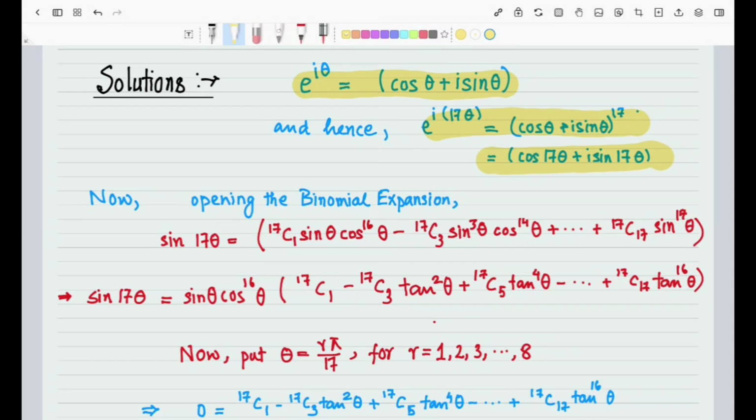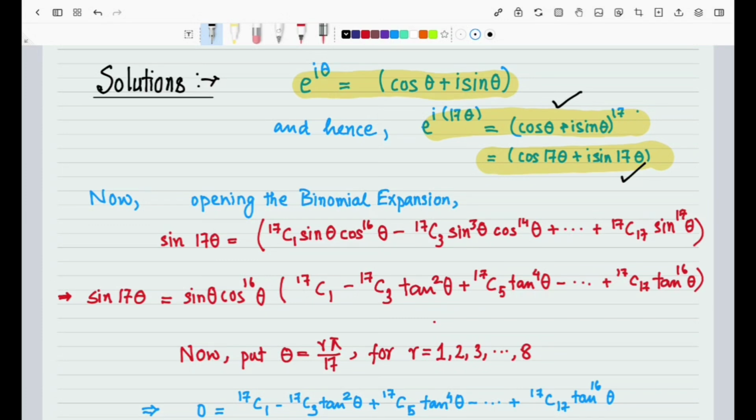Now I have opened up this binomial and compared it with this part, that is sine of 17 theta. We can compare the imaginary part with the imaginary part of the binomial.